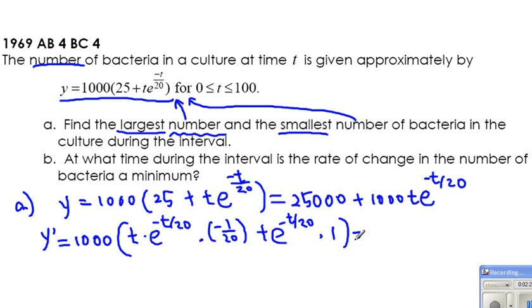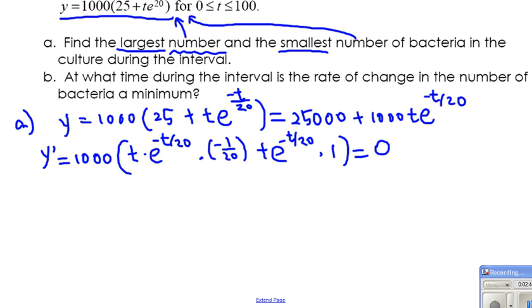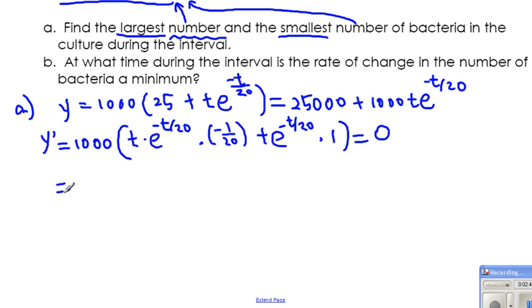Now, if you set this equal to 0, we realize a couple of things. First, e to the negative t over 20 is common in both terms. So when we factor out 1000 and e to the negative t over 20, we are left with negative t over 20, by multiplying these two terms, plus 1 is equal to 0.